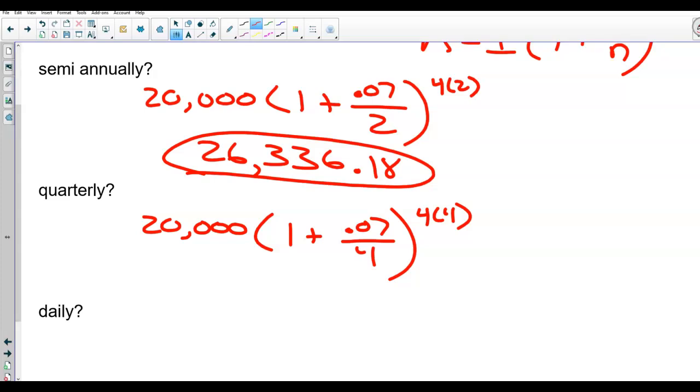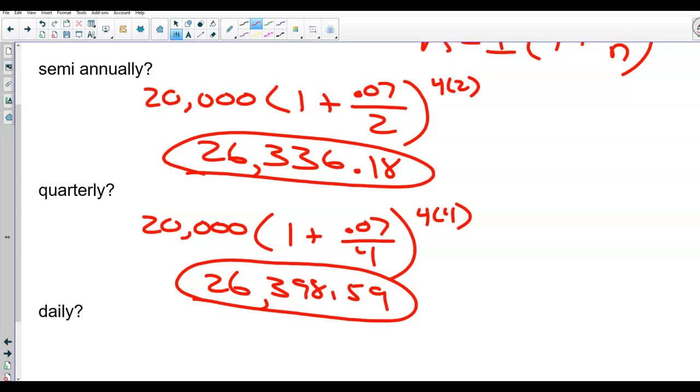I'm going to add that to 1. I'm going to raise that to the 16th power now. That's 1.3199. And multiply by 20,000. Do not round anything. That gives me an answer of 26,398.59. Once again, a little bigger.